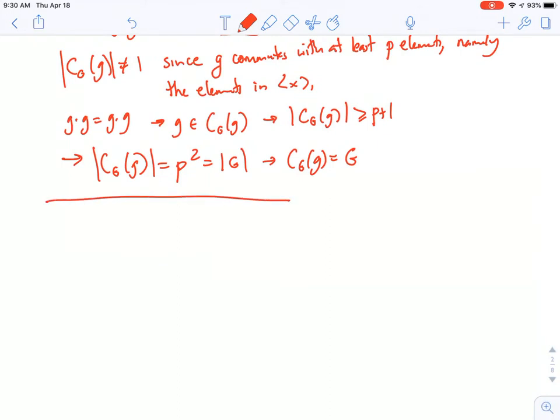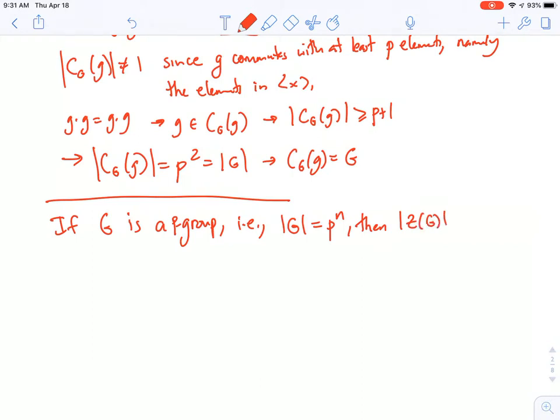So we're going to prove later on that if G is any group, we call them p groups, whose order is a power of a prime, so if G is a p group, i.e., well, we'll take this just as our definition for finite groups, that the order of G is some power of a prime p, then the size of the center is not 1. Okay, there's at least one non-identity element that commutes with everything.